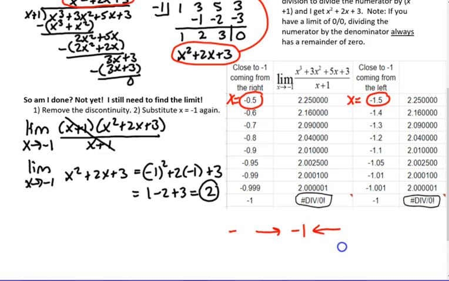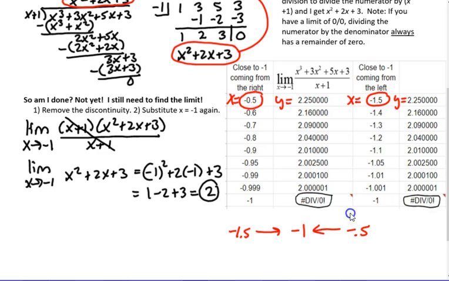Notice what happens to y. Y doesn't get really big like it did in my previous example. Y gets closer and closer and closer to 2, both sides. Now notice when we get down to negative 1, when we put negative 1 in for x into this function, we get an undefined number. You cannot divide by 0. So this is saying error.